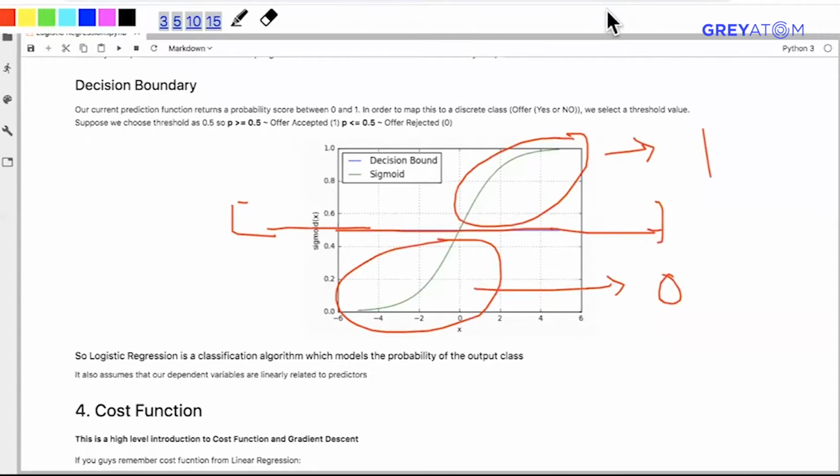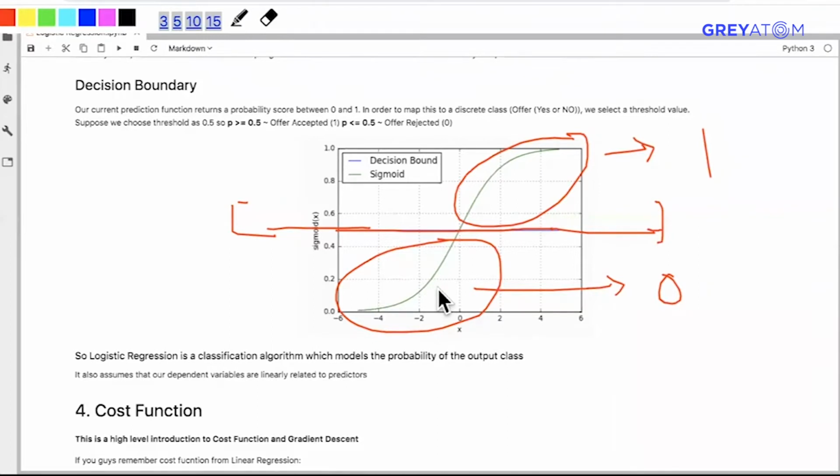Okay, I think I have a few questions on the chat. So Vikrant, there are certain threshold criteria that we'll see later in the session. It depends on certain error values that you want to reduce. Typically it is a type 1 error or a type 2 error.